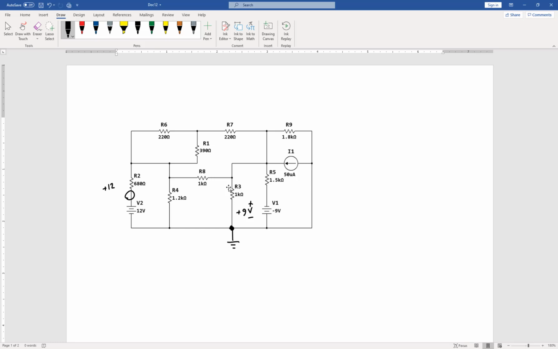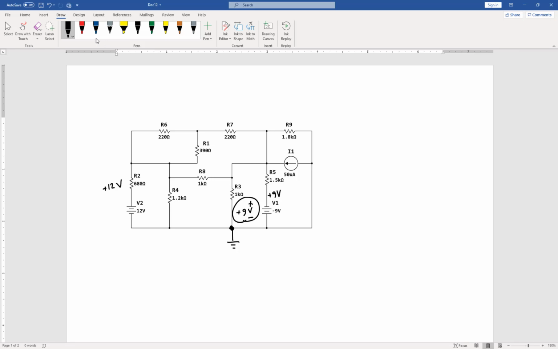Okay, so we've labeled all of the known nodes. Actually we didn't write that in here. So the voltage at this point would be plus 9 volts, right, based on what we just did.